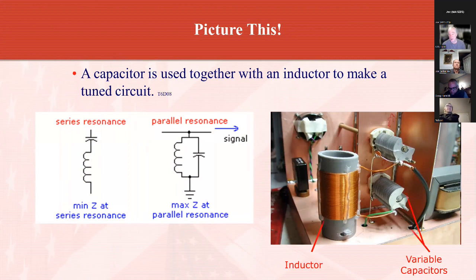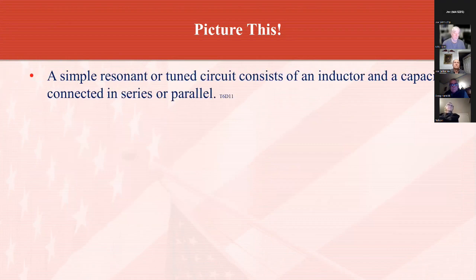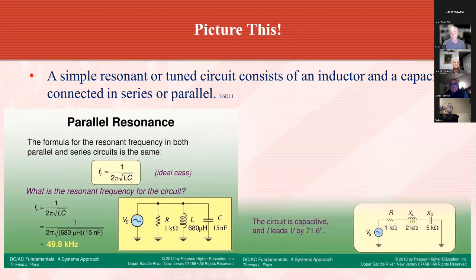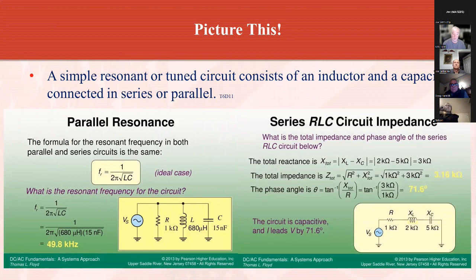Here you see to the right the inductor, which is just as Joe said earlier, coiled wire, and the variable capacitor to the right that he showed us a good example of. A simple resonant or tuned circuit consists of an inductor and a capacitor connected in series or in parallel, whichever it needs to be for the circuit you're trying to work with.